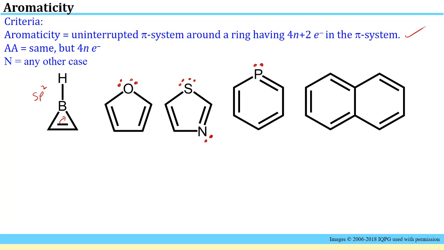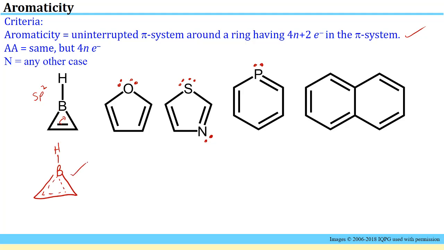So I can draw a resonance structure where I move electrons towards the boron, and then the boron would obtain an octet like this. And I'd be left with a positive charge on the carbon and a negative charge on the boron. But we can draw the resonance contributors around the ring, and that allows us to delocalize the pi system around the whole system.